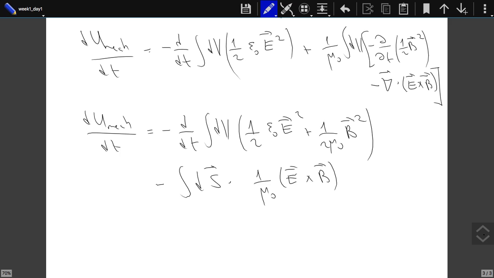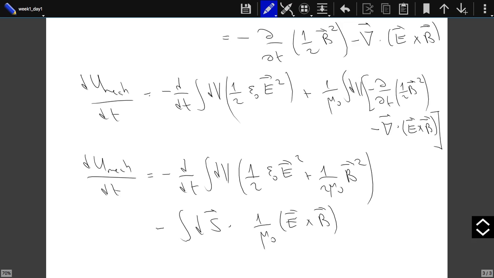Yes. We were integrating the divergence of some vector field over a volume. As the divergence theorem tells us, if you are integrating the divergence of some vector field over a volume, that can always be written as the integral of that vector field over the surface of that volume.